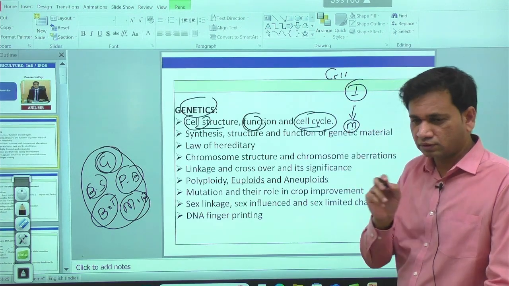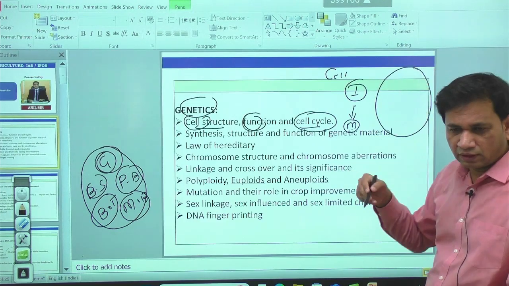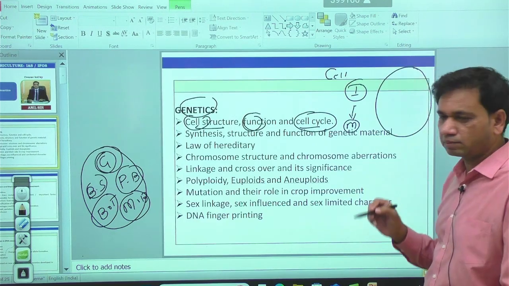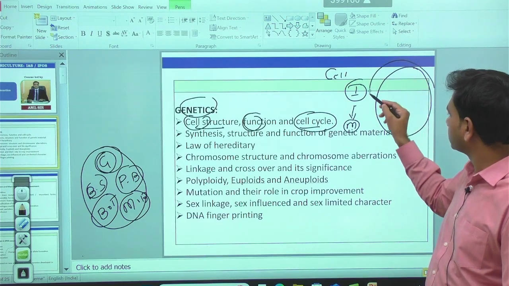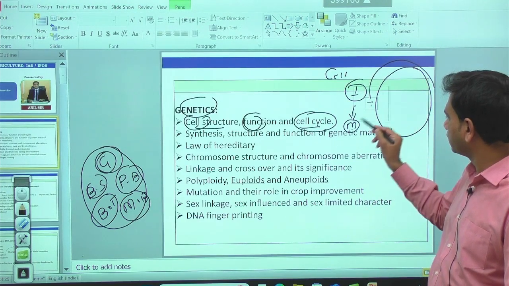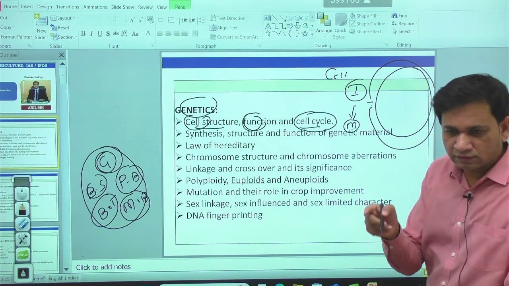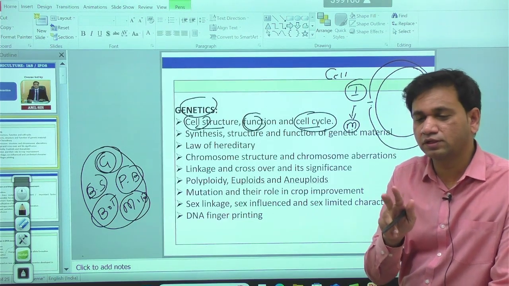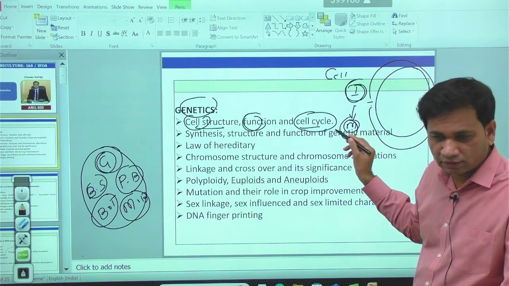In the cell cycle, generally in all living organisms, not only plants, we have the interphase. Once after completing the interphase, it enters into either the mitotic or meiotic stage. So there are two stages here: one is the interphase, another is the M phase.